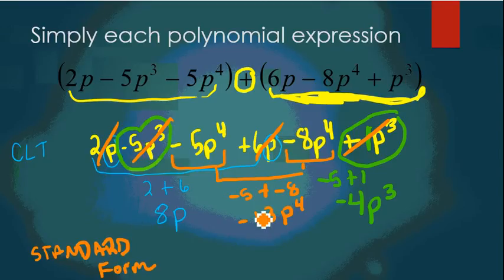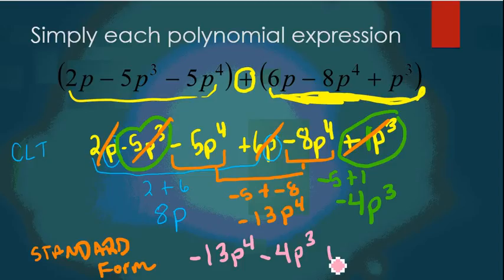So between these three, p to the 4th is the highest. So we're going to start with negative 13p to the 4th. My next term is negative 4p cubed, so minus 4p cubed. And then this 8p right here is a positive 8p. In order to have a complete expression, I need to have minus signs in between each of my terms.